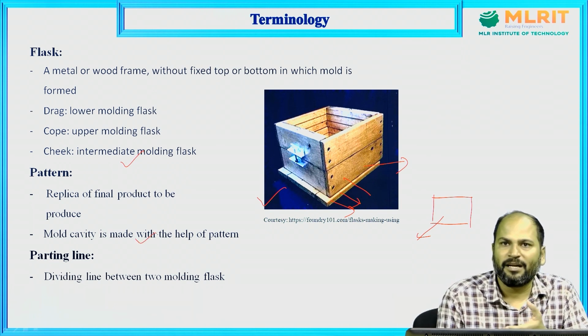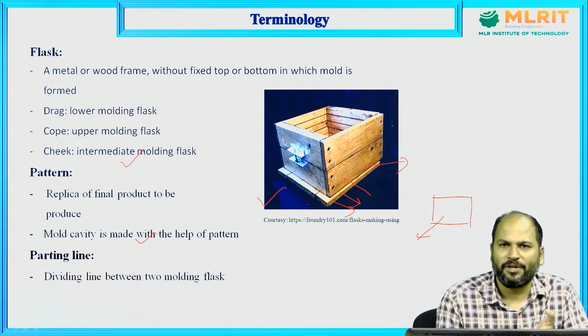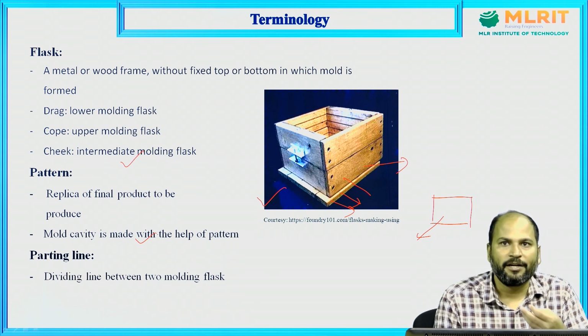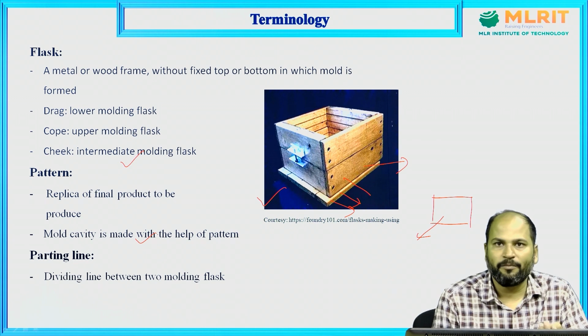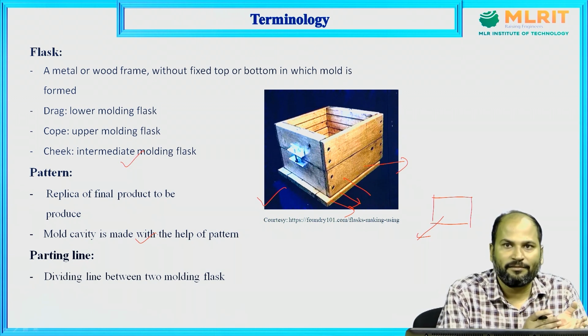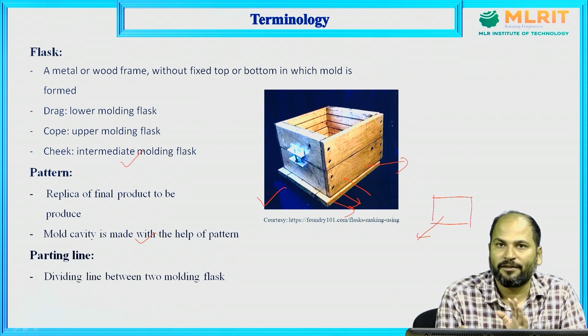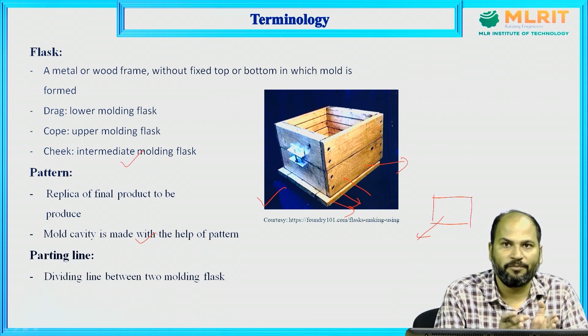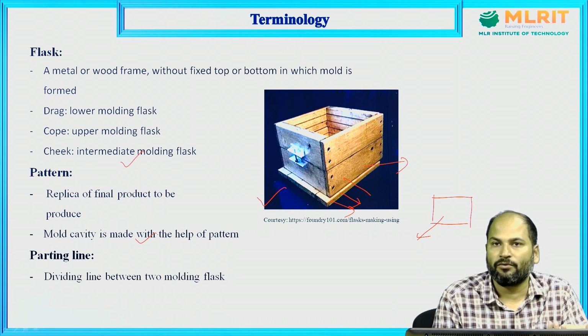Now the material of the pattern may be of any type. It may be wood, as I told, depending upon the application. It may be metal or it may be plastic. That totally depends; advantages and disadvantages are associated with the material. It is based on the material that we are going to cast, as well as the volume of the product that we are going to produce.